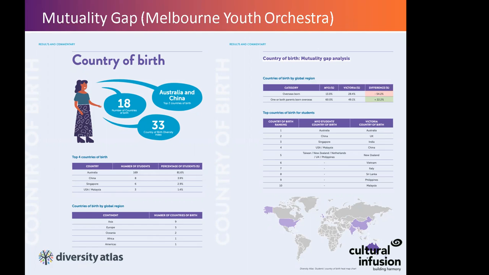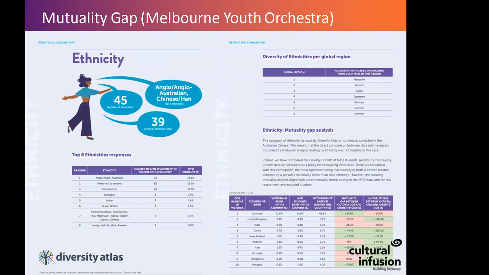But in comparison with other areas, where there's a high representation of people born in India, we didn't have that in the Melbourne Youth Orchestras. What we did find was a high representation of people from mainly East and Southeast Asia.